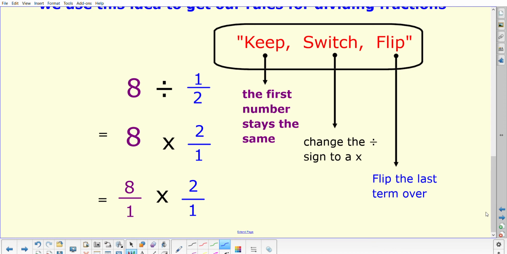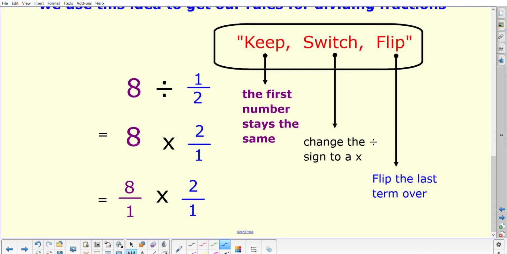So 8 divided by a half, I've said keep the first number, so I've rewritten it down again, so I've written the 8 down again. The switch bit is that we change the divide sign to a times, and then flip is flip the last term over, so that half has become 2 over 1.